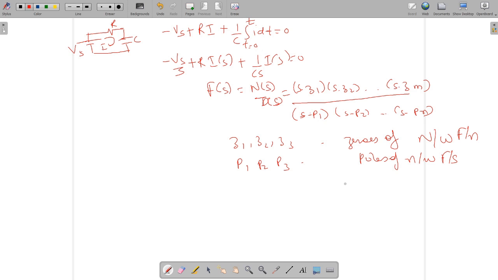We are going to discuss the zero and the pole in a few minutes. The numerator will always have the zeros of the network function, and the denominator will have the poles of the network function. So I have written the generalized expression for the network function.